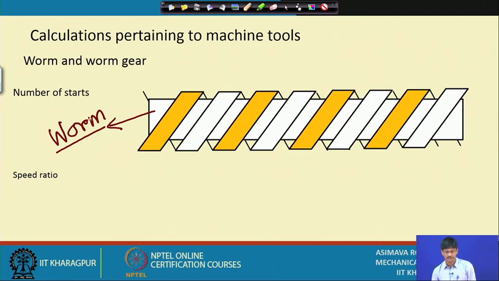So, what is the worm gear in connection with the worm? The moment people started thinking about different machine elements, at one point in time they connected up 2 different machine elements, the screw and the gear, so that they made this sort of a connection.